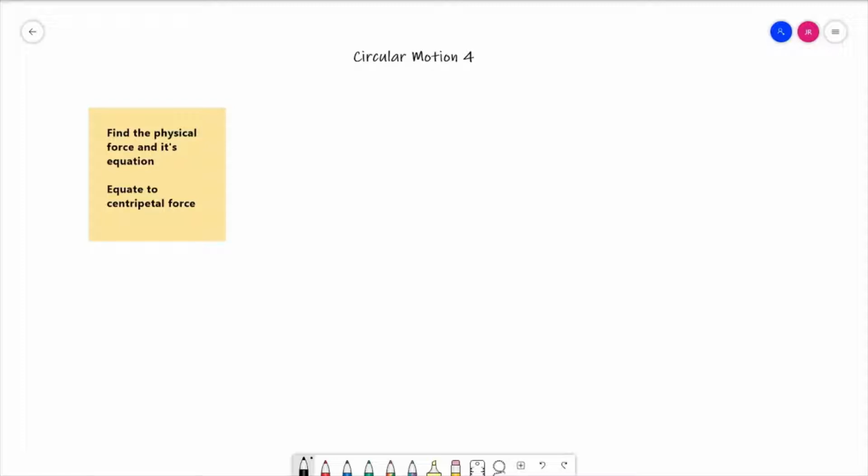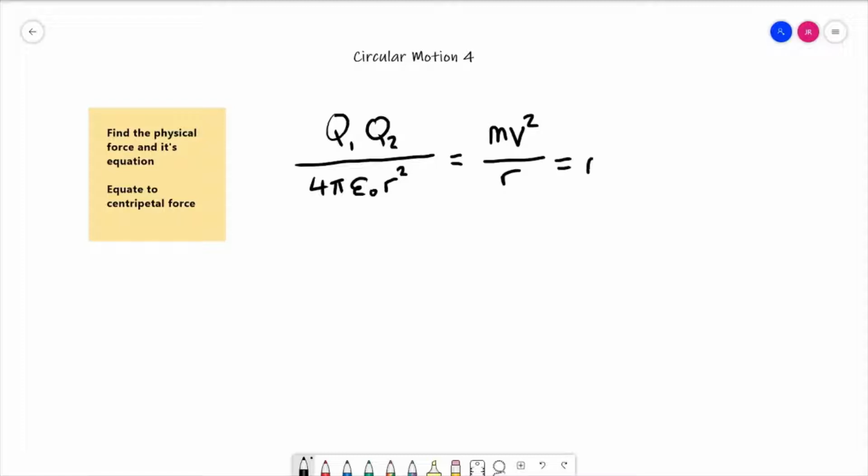The example that we used was Coulomb's law in a hydrogen atom, and we simply said that by taking Coulomb's law, Q1 Q2 over 4 pi epsilon naught r squared, that if in the case of a hydrogen atom it is keeping that electron moving in a circle, we can equate that to one of our centripetal force equations, either mv squared over r or m omega squared r.